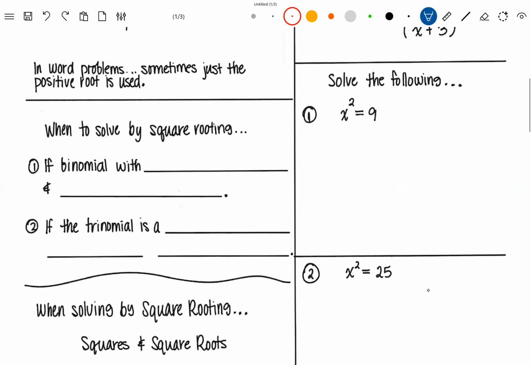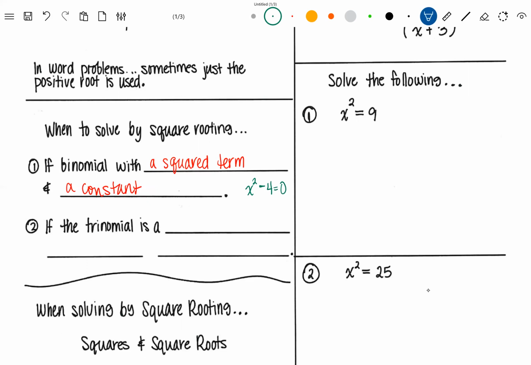So when to solve by square rooting. If you see this, you should automatically go to square rooting just because it's way easier. If it's a binomial with a squared term and a constant. So if it's only a squared term and a constant, like x squared minus 4 equals 0, it's a binomial because there are 2 terms.